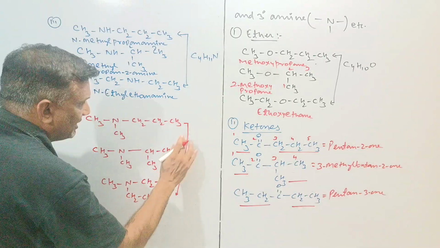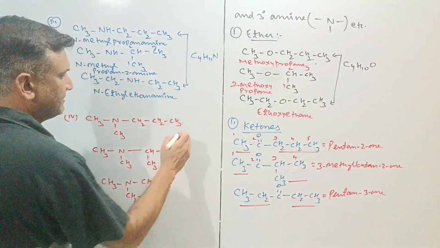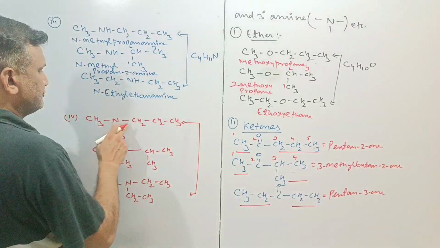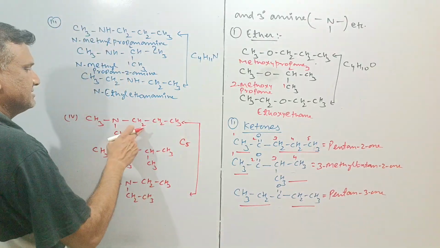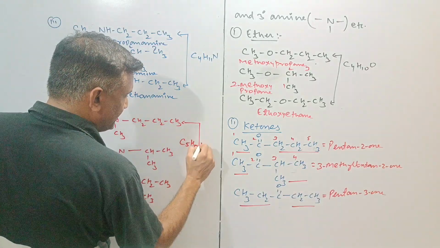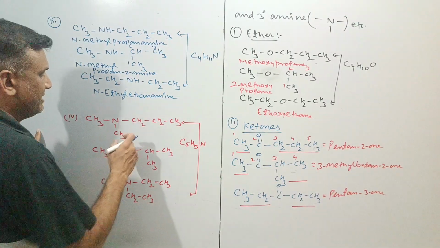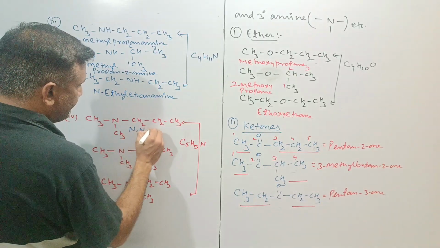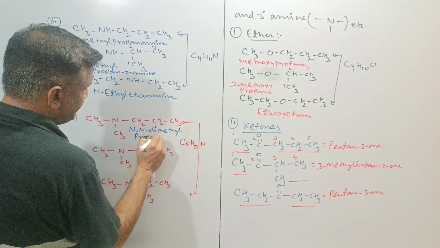If I go with the formula, then this is 1, 2, 3, 4, 5, C5H13N. If I go with the names of the compounds, then this is called N,N-dimethylpropan-1-amine or you can say propanamine.